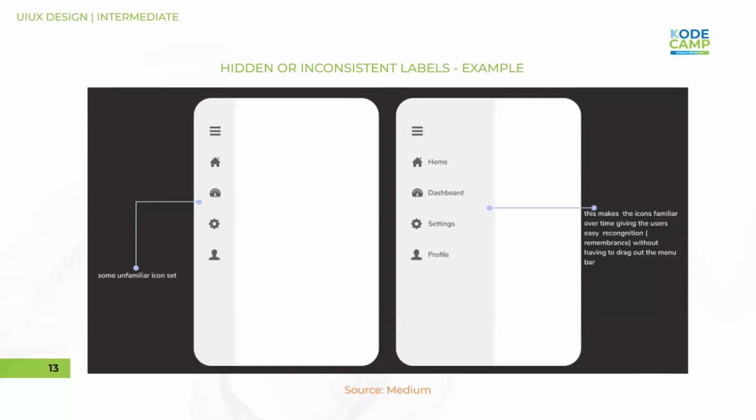We call them help text, to help the users. Bring in hints too. You can see by the icons we have home, dashboard, settings, profile. That's the same thing WhatsApp does. When you open WhatsApp, you see home, chats and the likes of it, profile. With that, it's helping users. So there is no hidden or inconsistent label, and no unfamiliar icons.